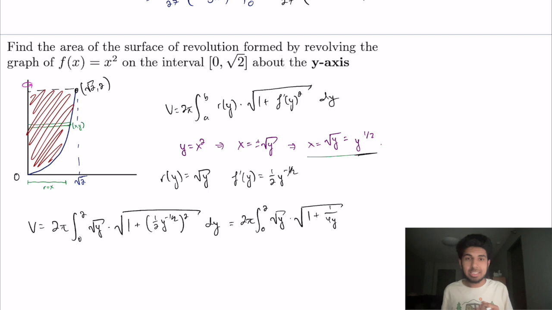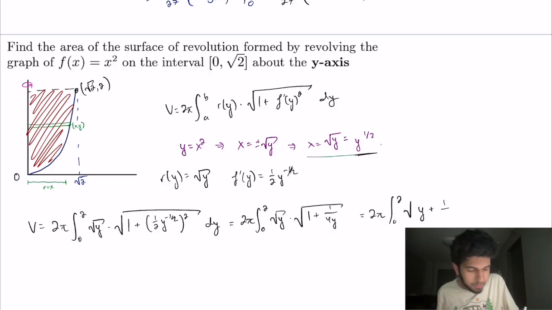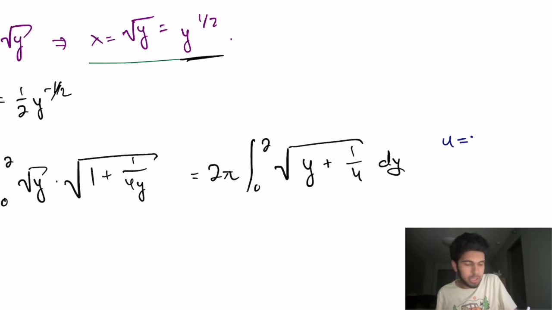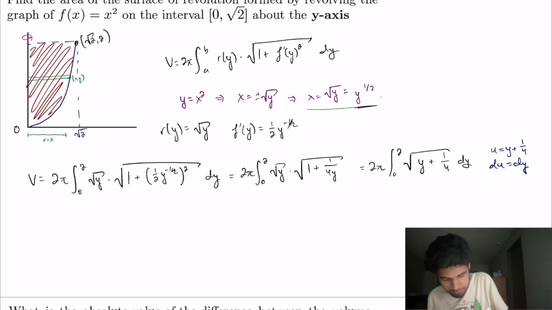Let's combine these into one square root. 2 pi integral from 0 to 2 of square root of y plus 1 over 4. And from here, maybe you're feeling a bit more confident. We can do some u substitution. u equals y plus 1/4, du equals dy.